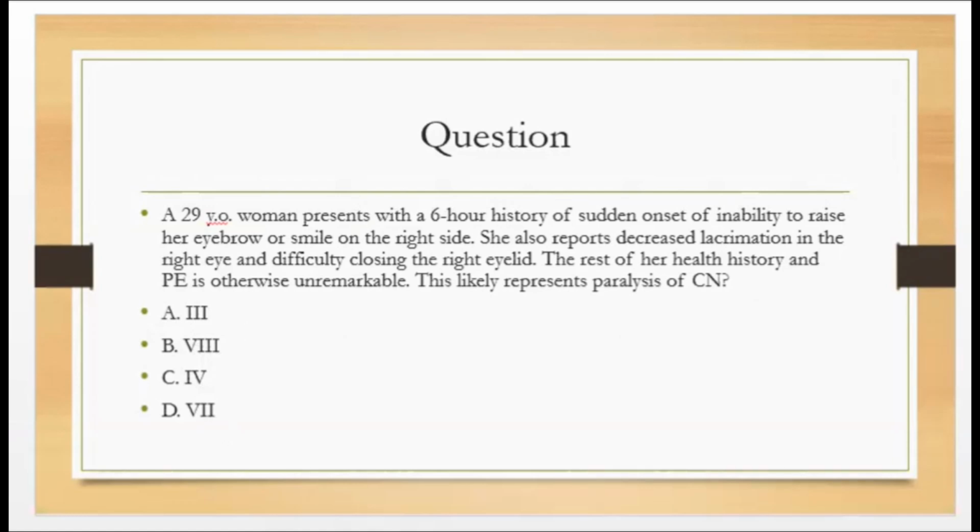What we are talking about, inability to close their eyelid, inability to raise their eyebrow or smile, that is your Bell's palsy. And we said it already, Bell's palsy has to do with the facial nerve. If you say Bell's palsy, if you choose 7, it's correct.